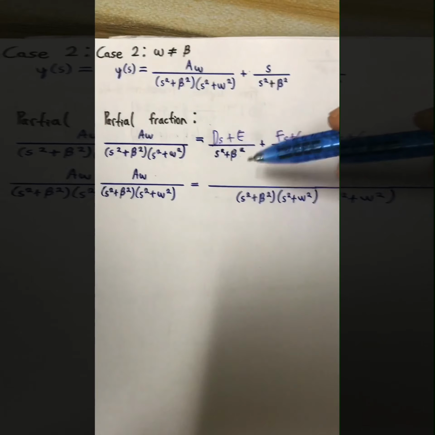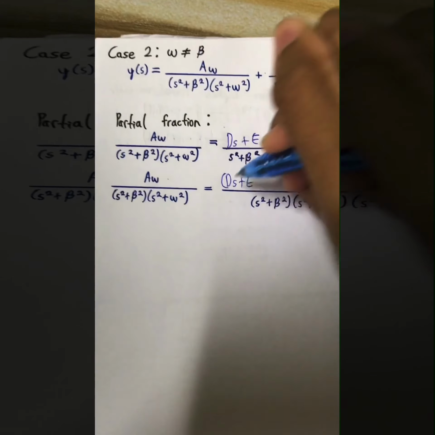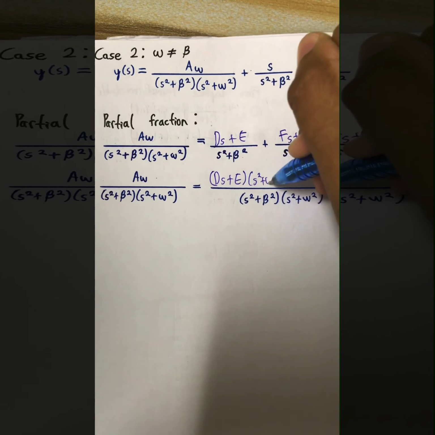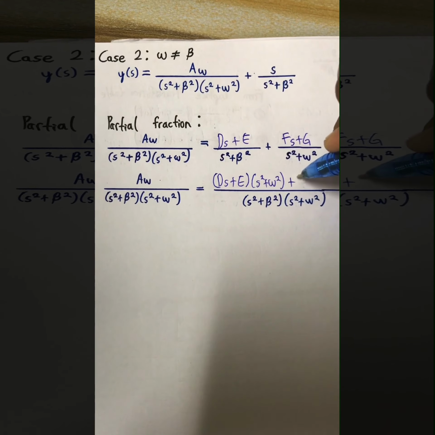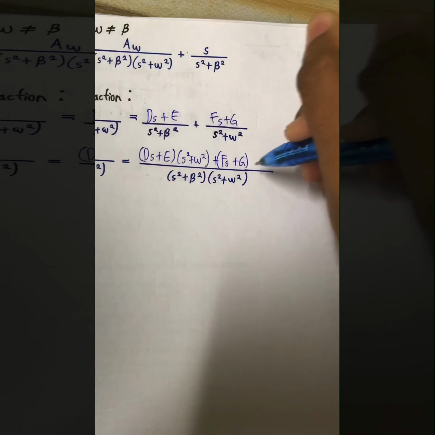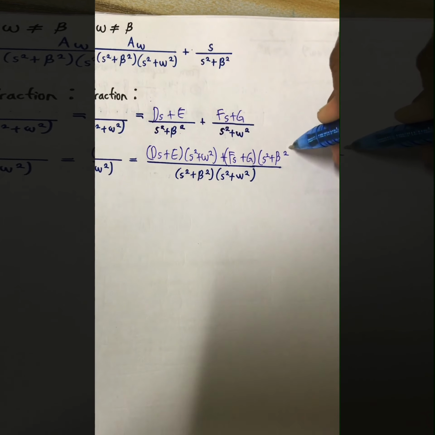So we solve this: (ds plus e) times (s square plus omega square) plus (fs plus g) times (s square plus beta square).